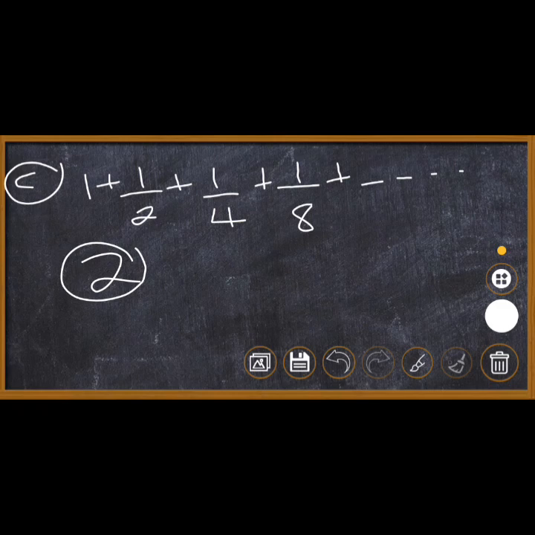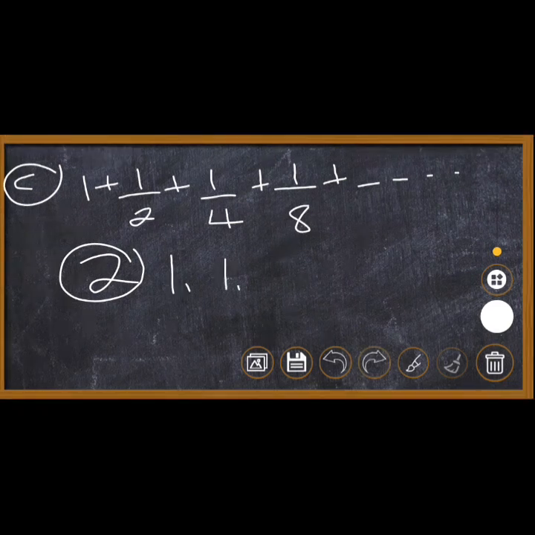Okay, so let's add these values. Let's say 1 added to 1 over 2, added to 1 over 4, added to 1 over 8. In this case, it's giving us 1.875.